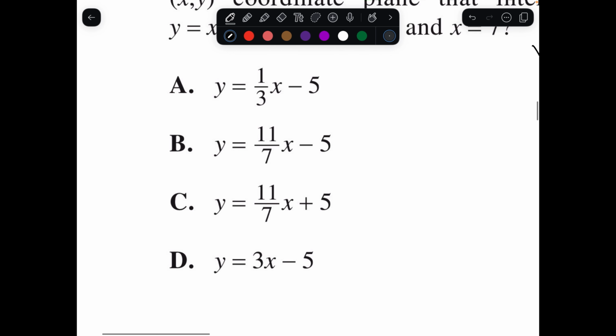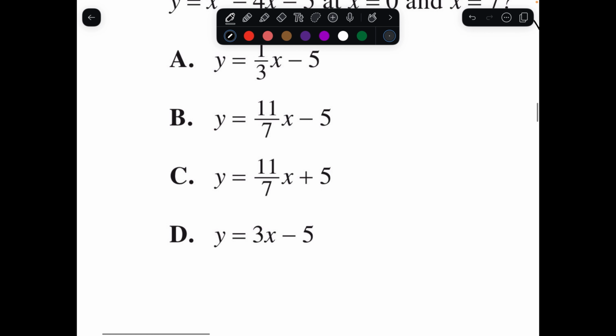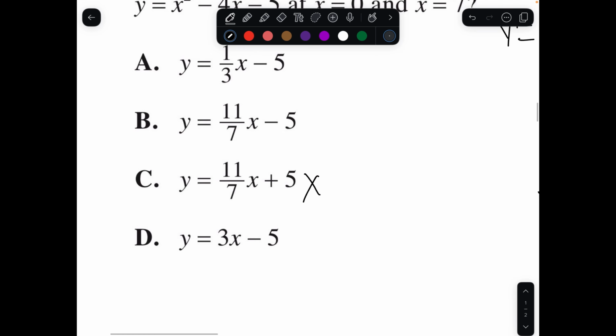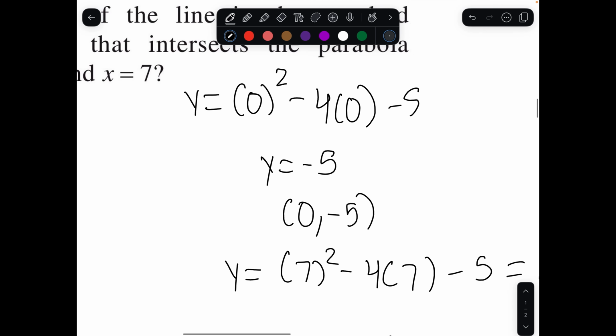B also works. C does not work because 11/7 times 0 is 0, but 0 plus 5 is 5, and we're looking for -5. So C is out. And D, like A and B, also works. 3 times 0 is 0. 0 minus 5 is -5. And that matches a point on the parabola, right?